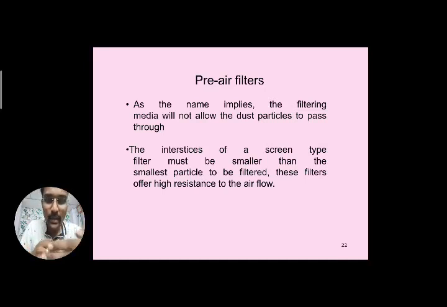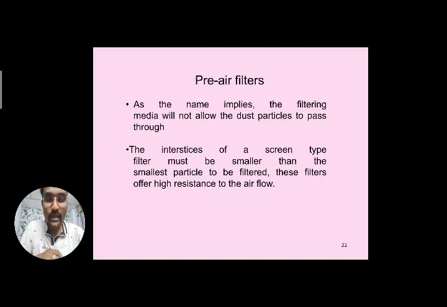So fresh air can enter the air conditioned space. Now the filter opening must be smaller than the smallest particle to be filtered. Whatever particles you have to filter, the air filter should be that much smaller than the particle which has to be filtered.